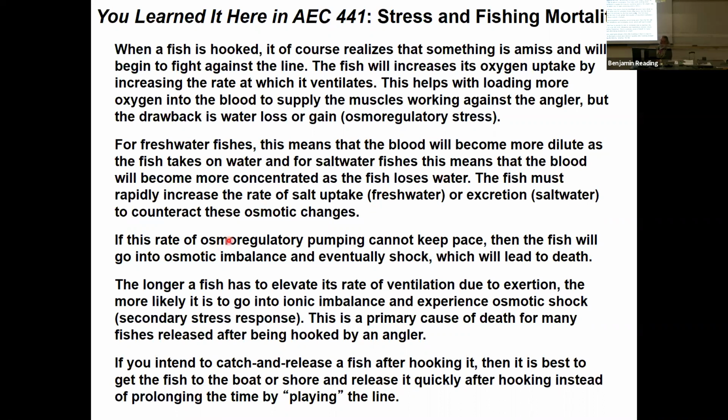So if the osmoregulatory pumping cannot keep pace, the fish will undergo osmotic imbalance. The osmolality of the blood will be thrown off, and the fish will eventually go into shock, and this will lead to death. Now, the longer the fish has to elevate its ventilation rate due to this exertion, the more likely it is to go into ionic imbalance, experience osmotic shock, which is a secondary stress response.